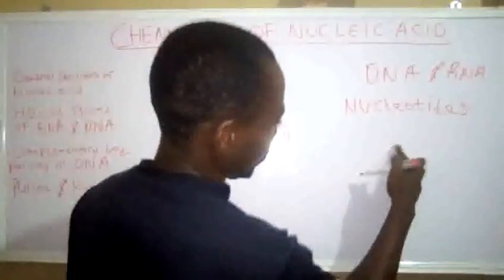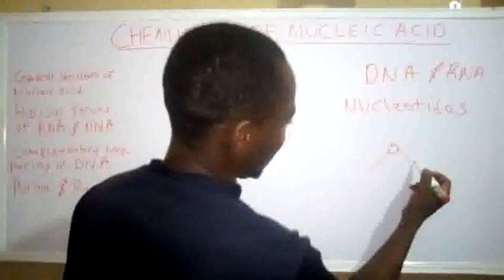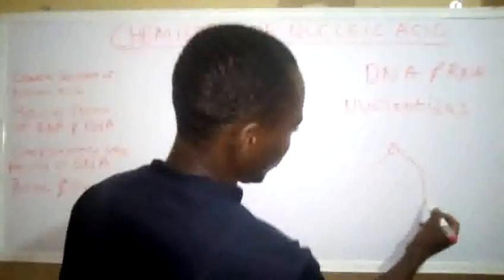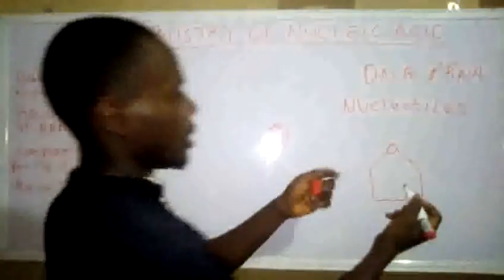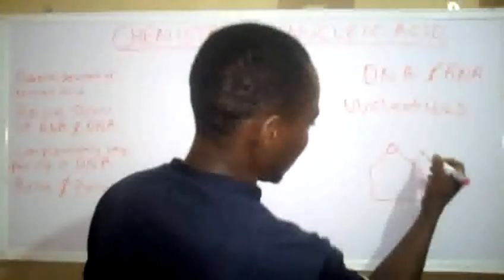Let me give you a sketch of it. I said we have a 5-carbon sugar. This is the 5-carbon sugar.